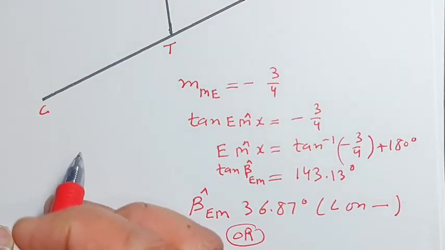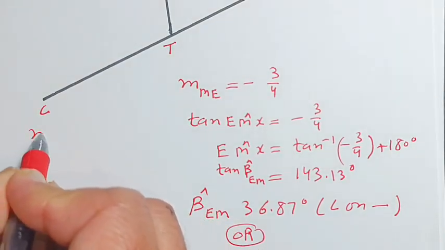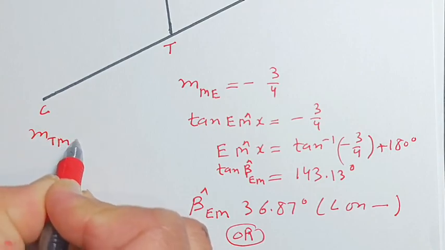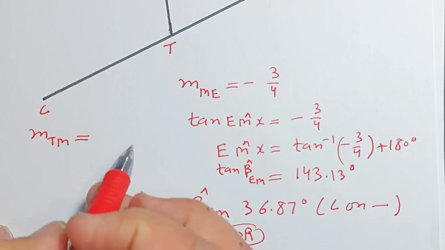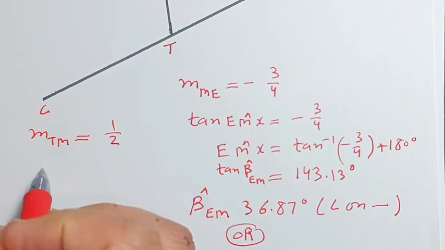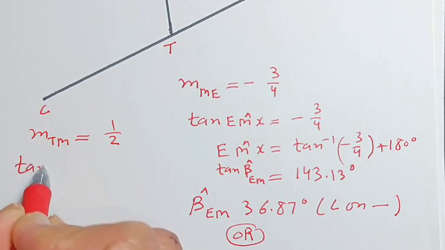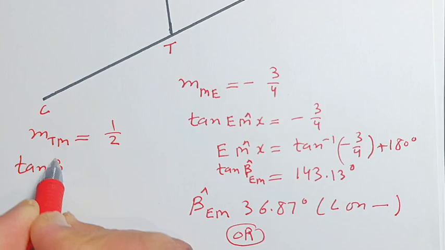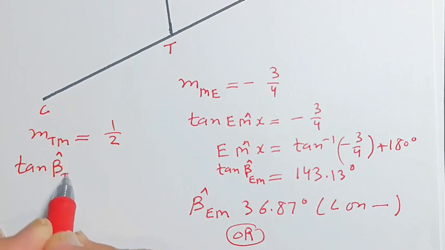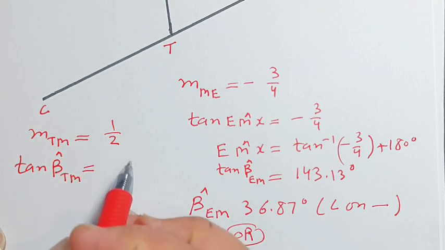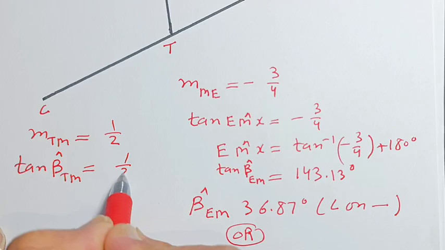We have the gradient of TM, which is 1 over 2, so I apply tan of the angle TM equal to 1 over 2.